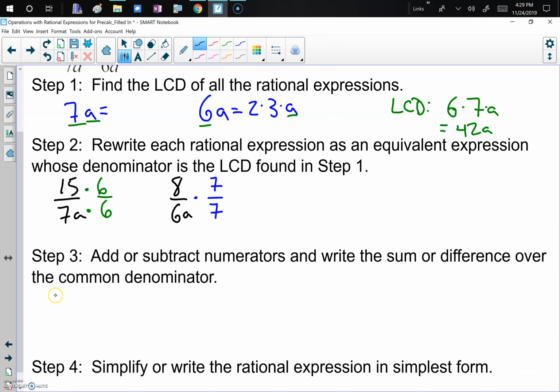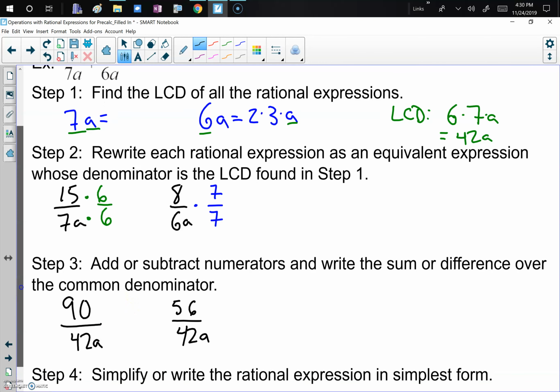So 15 times 6 is going to give me 90 over the 42a. 8 times 7 gets me 56 over the 42a. So now I've went ahead and rewrote them in that equivalent form that has the least common denominator.